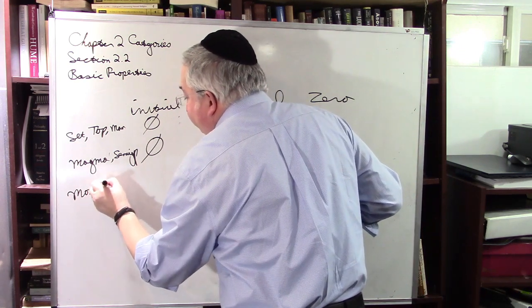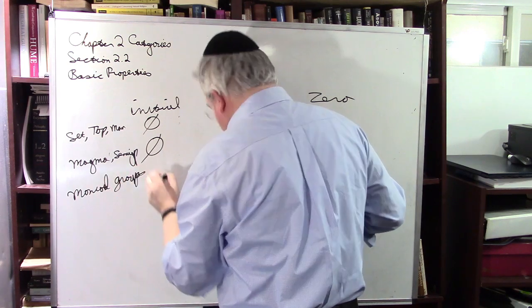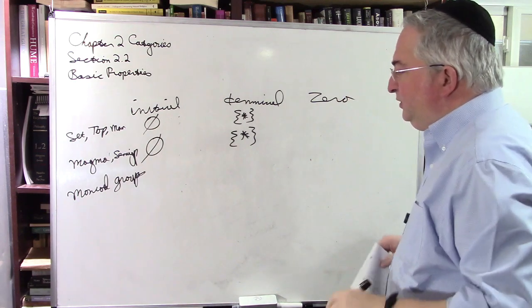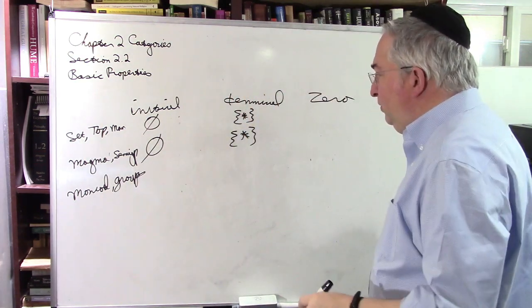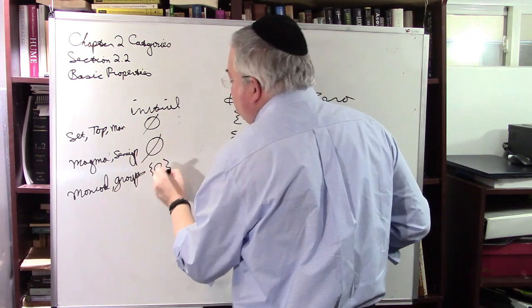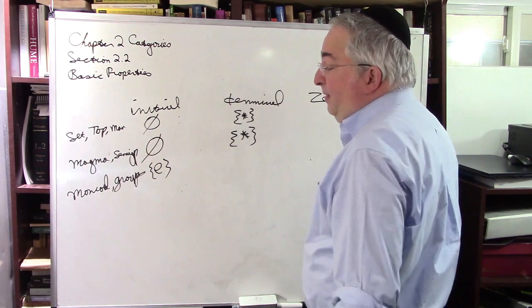Okay, how about this? Monoids, groups. Rings are a little bit more complicated, so let's just talk about that. Monoids, commutative monoids, groups, commutative groups. Well, the initial object is the one object monoid or the one object group.